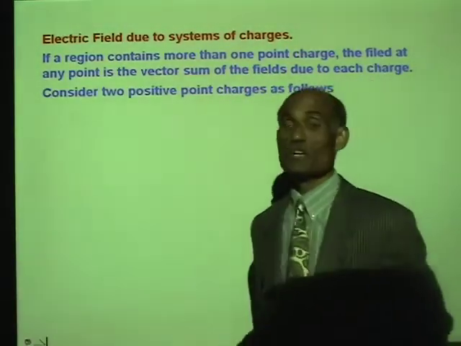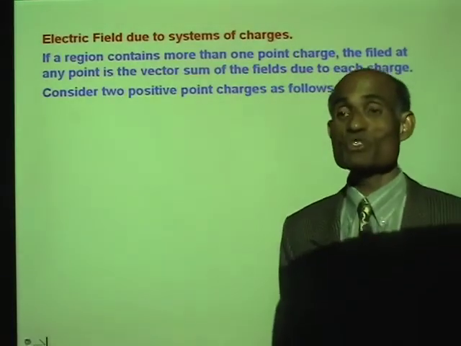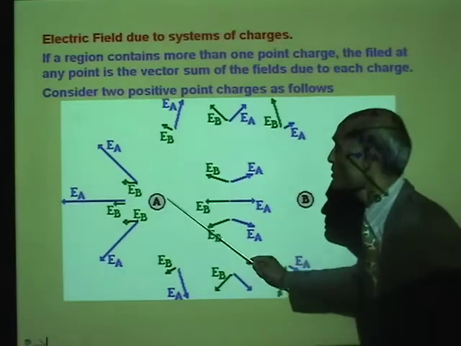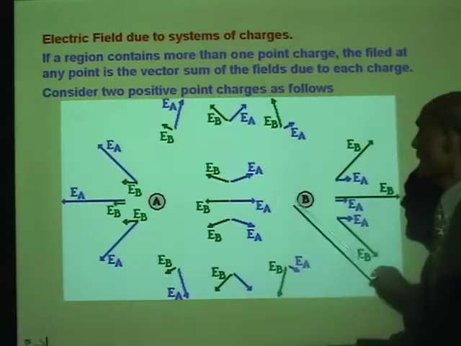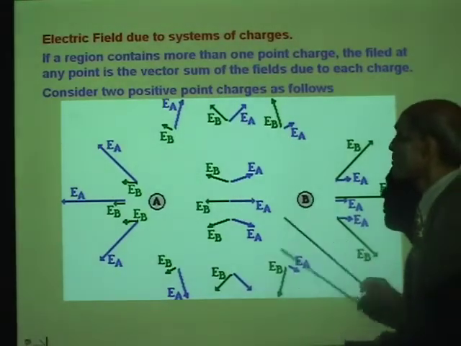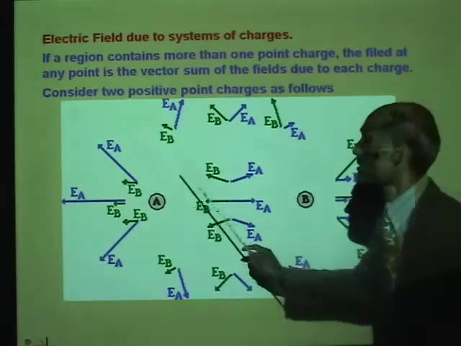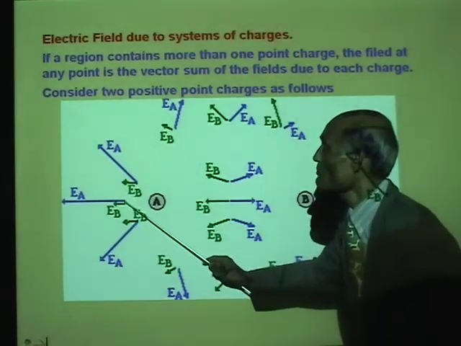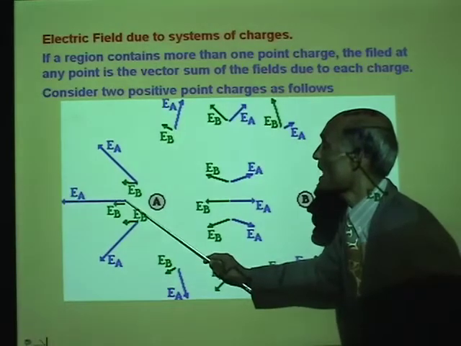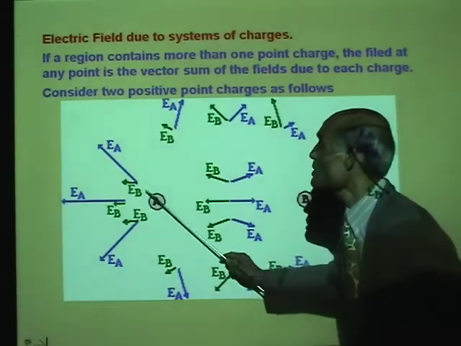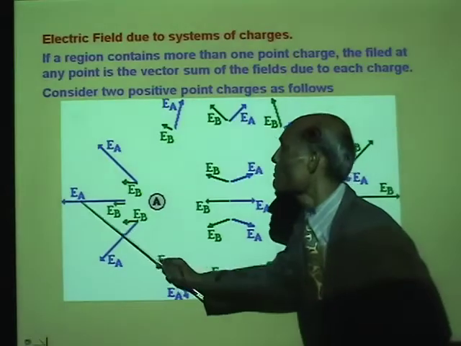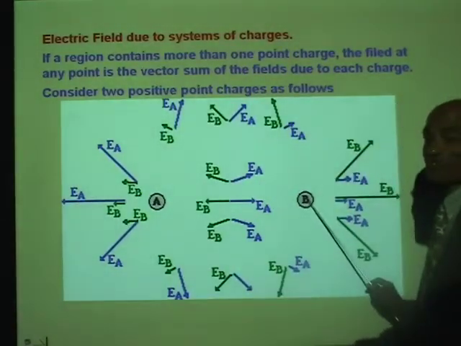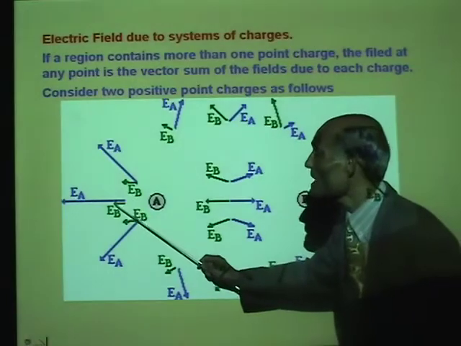Now consider two positive point charges as follows. There you have a positive point charge A and another positive point charge B. If you now look at each point, the point where I'm indicating now, there is an electric field due to A, that is the blue vector, and there is an electric field due to B, which is the green vector.